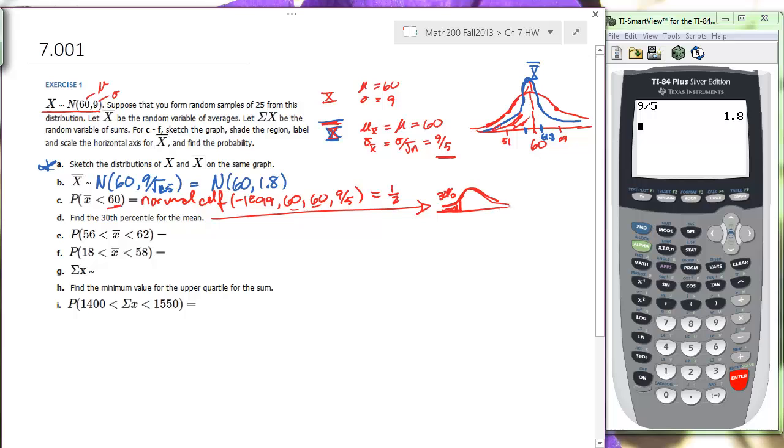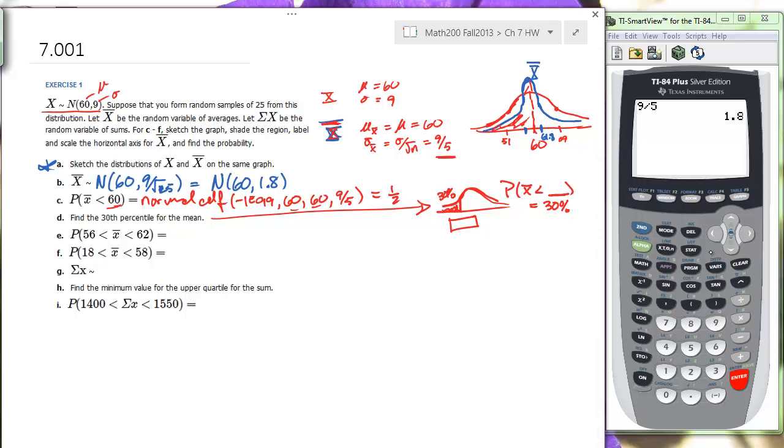It's going to be set up like this: the probability that your x bar, this is for the mean, is less than some number is equal to 30% or 0.3. So we need to figure out what this number is.